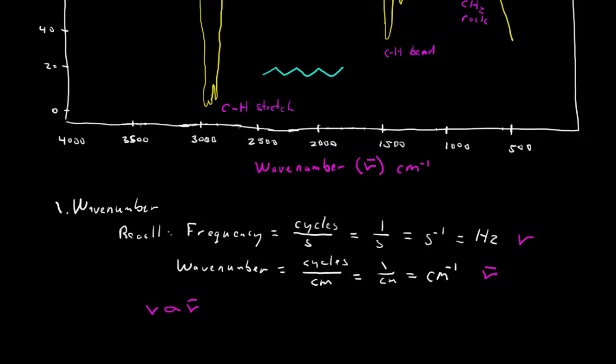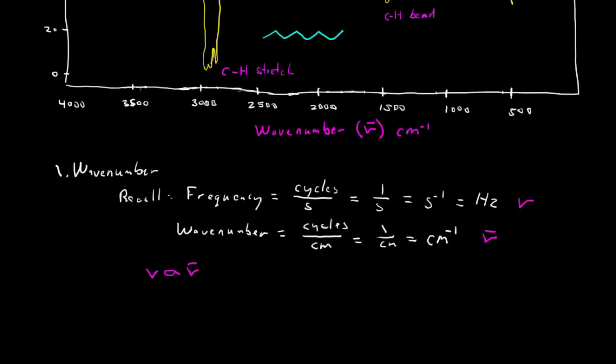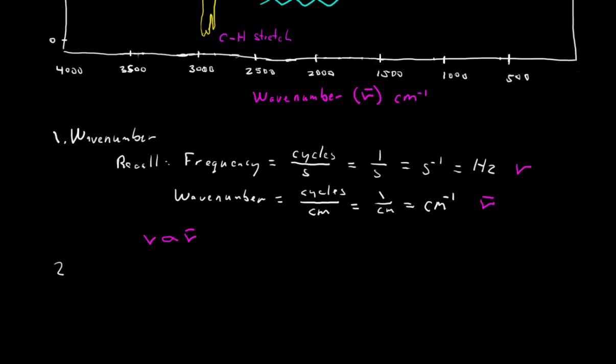So we see here that the range of wave numbers, frequencies, ranges from about 4,000 reciprocal centimeters all the way down to 400 in some IR spectrophotometers. And that, the IR region used in common infrared spectrometers, corresponds to a wavelength from about 2.5 times 10 to the minus 4th centimeters to 2.5 times 10 to the minus 3rd centimeters.